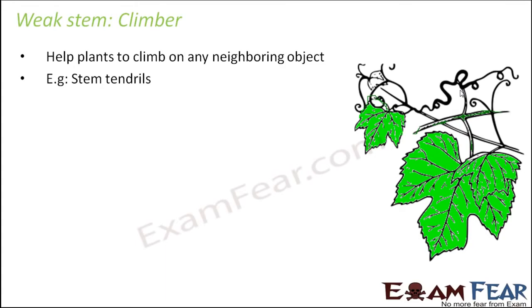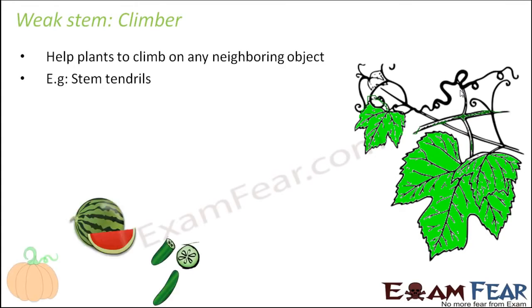Some of the plants where we can find stem tendrils are watermelon, muskmelon, and cucumber. These are some of the plants where we see the climbers or the stem tendrils. We will talk about stem tendrils in detail in the next video.